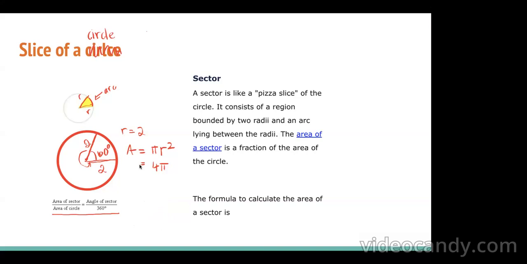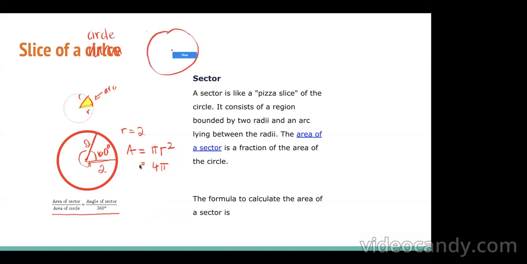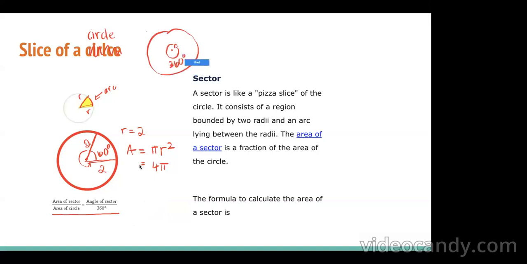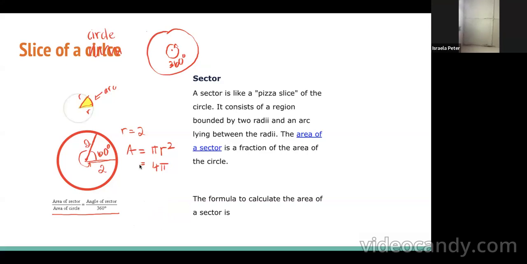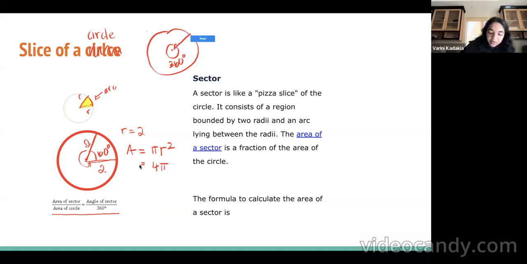Yes. Okay. So let's say our entire circle, this whole thing is 360 degrees, right? Everyone gets that? It's 360 degrees. Okay. So I'm actually just going to take out 60 degrees of this.